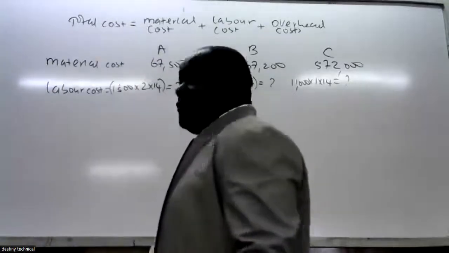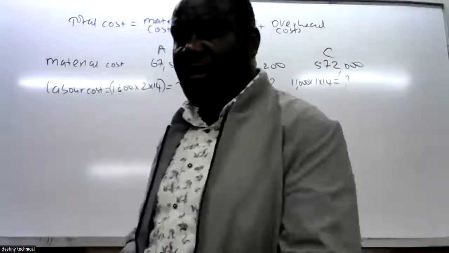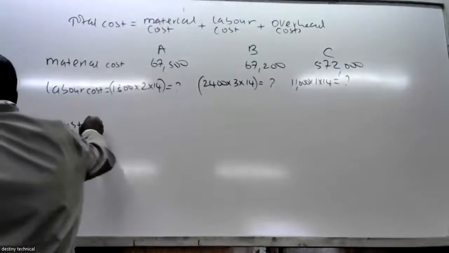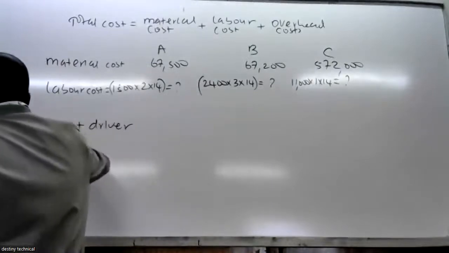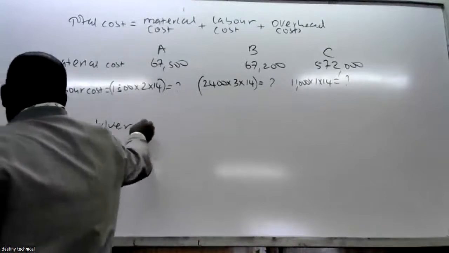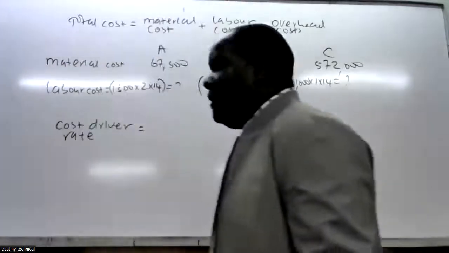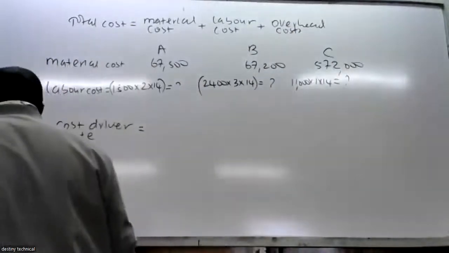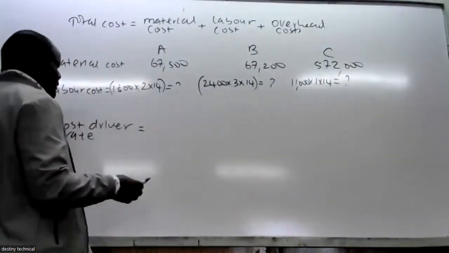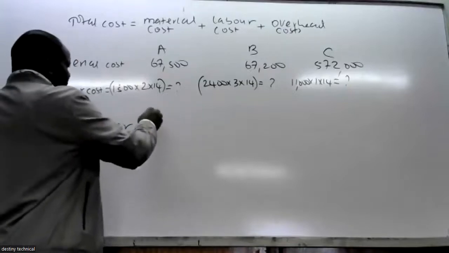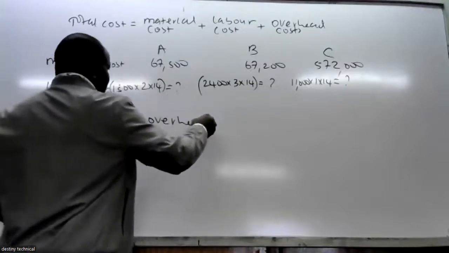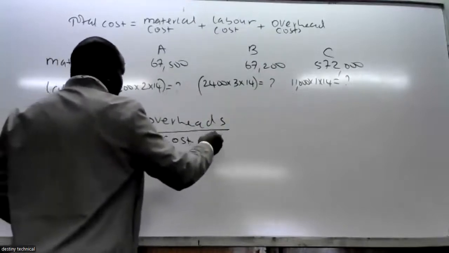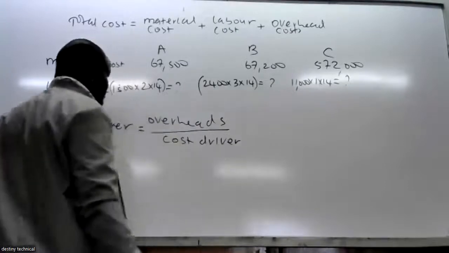The cost driver rate is given by the overheads, and we divide by the cost driver.